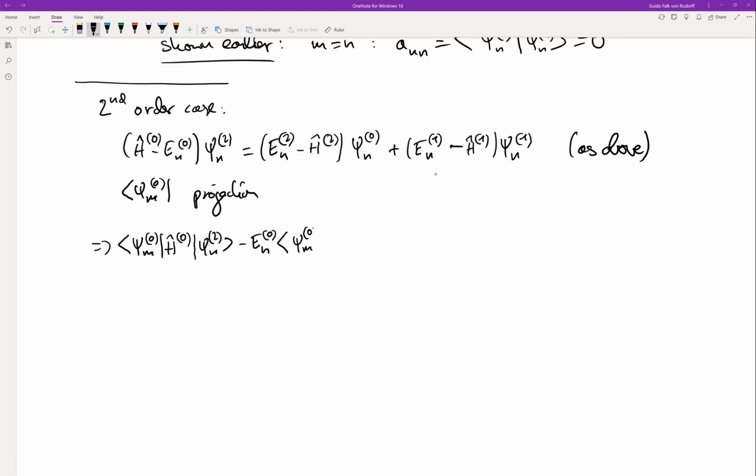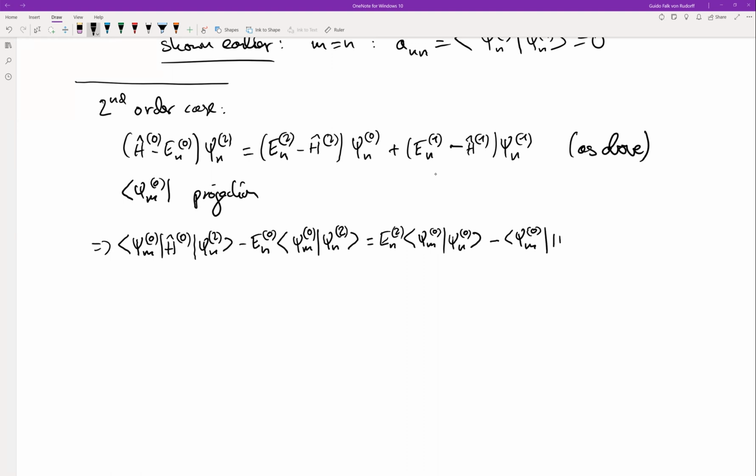So that would be psi m0 psi n second order. So that was the left part, and that's equal to En second order. It's again a scalar value, so it can be pulled in front, psi m0, because that's what we project on. And then the first one is psi n0, to add. And then minus again psi n0.